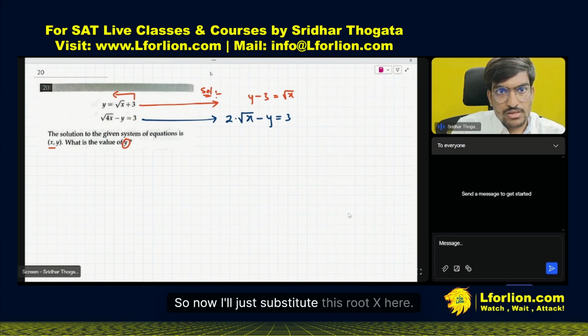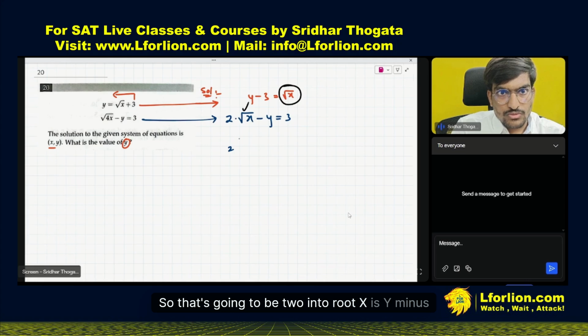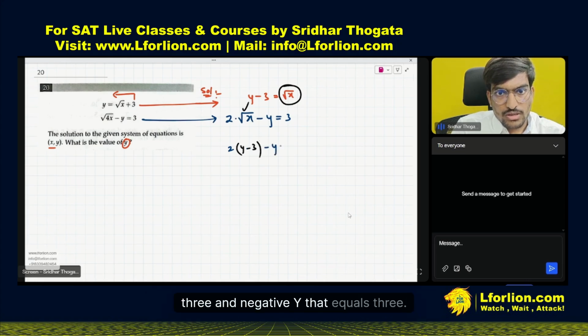So now I'll just substitute this root x here. So that's going to be 2 into (y minus 3) minus y equals 3.